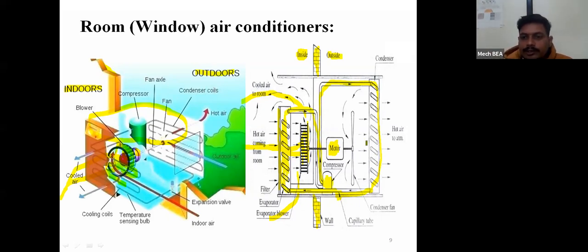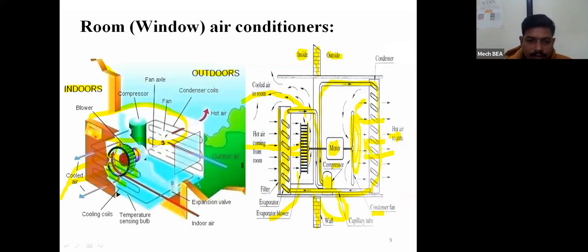At the outside part there will be the exhaust fan. Here you are observing that there is a fan. That fan is blowing the air over that condenser, and because of that, heat will be rejected. Outside of the room there will be the condenser fan, the compressor, the condenser unit, and the capillary tube.